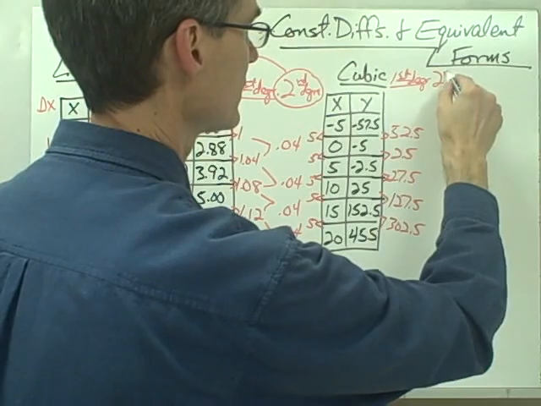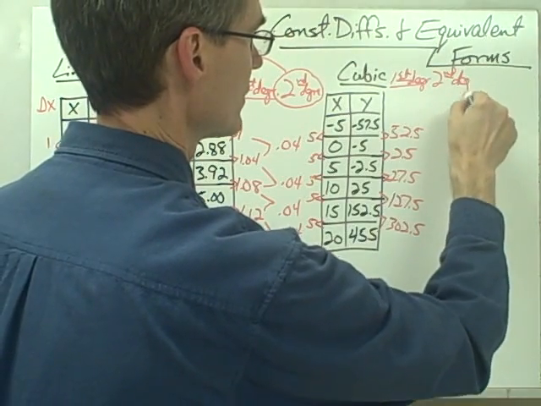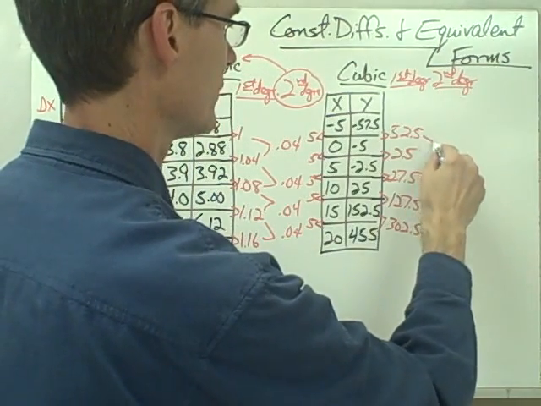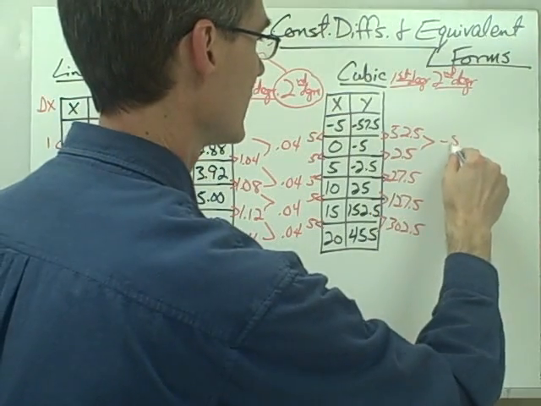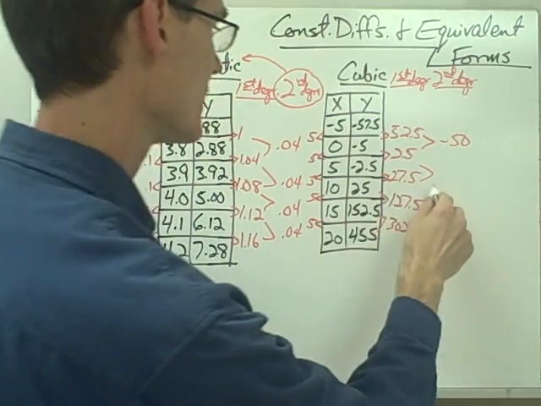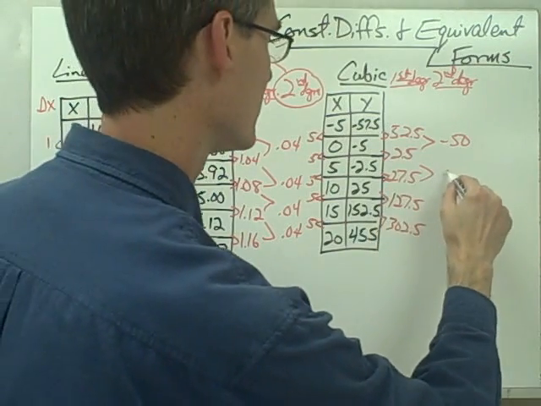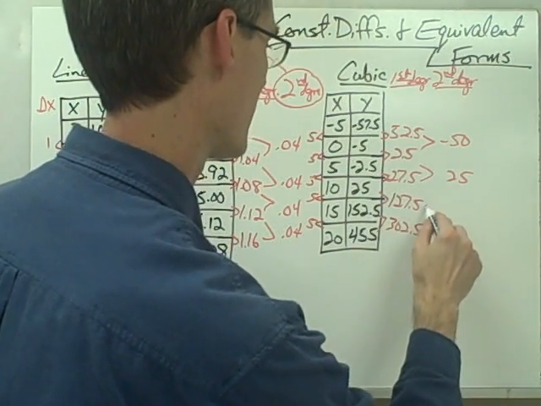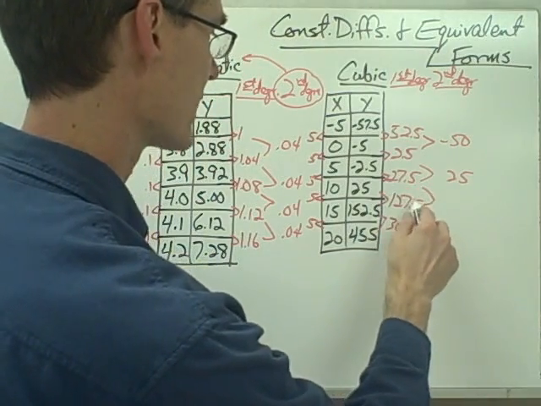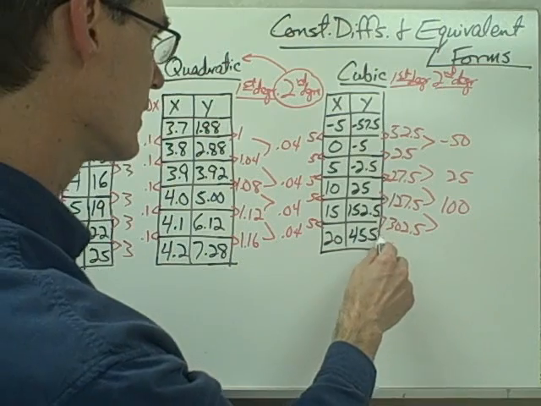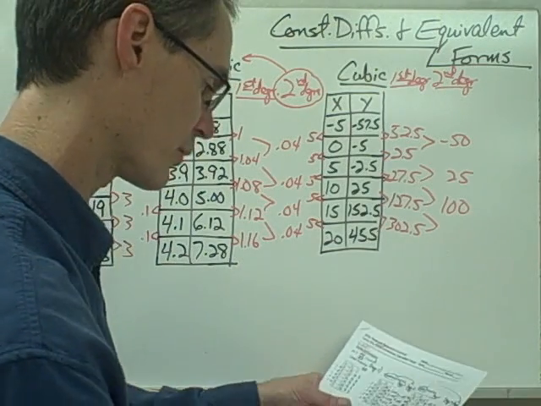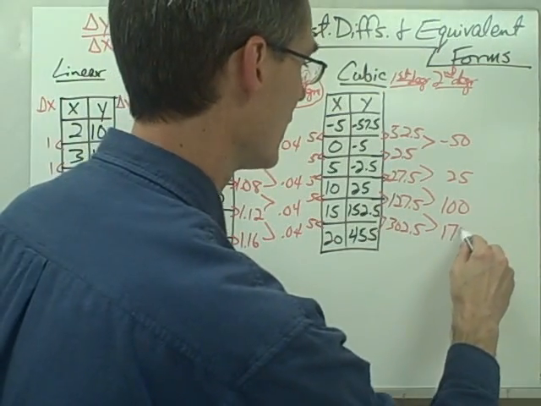Well, let's do it again and see if I'm going to get a second degree function. 2.5 minus 52.5 is negative 50. 27.5 minus 2.5 is 25. 127.5 minus 27.5 is 100. And 302.5 minus 127.5 is 175.